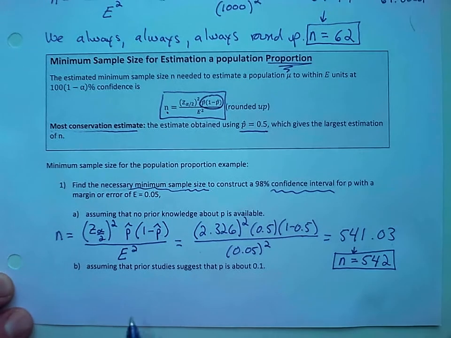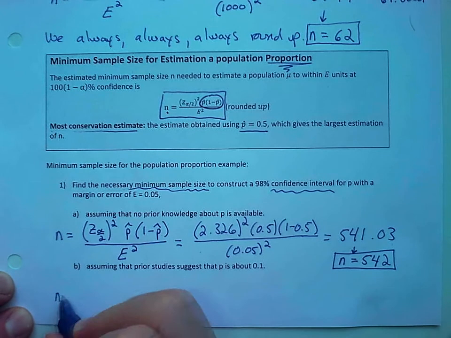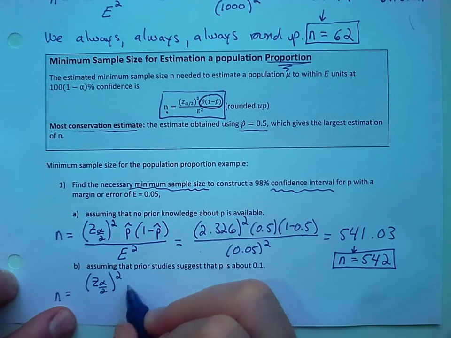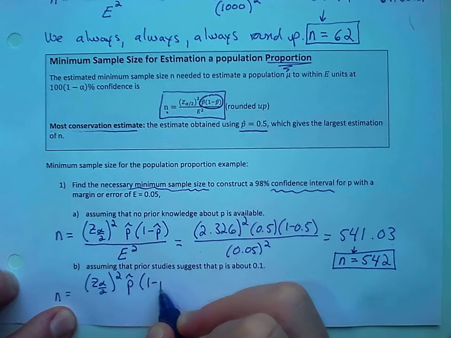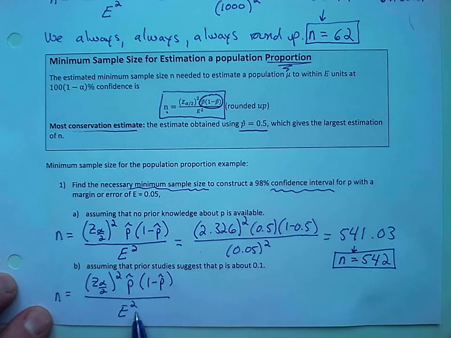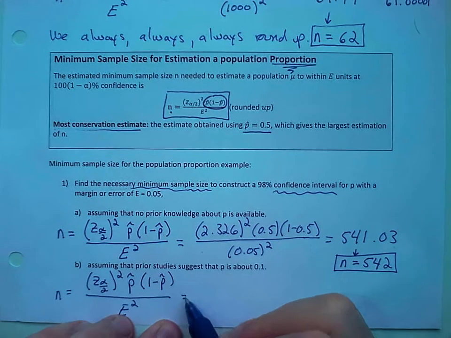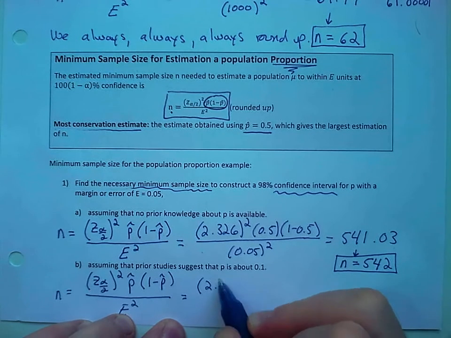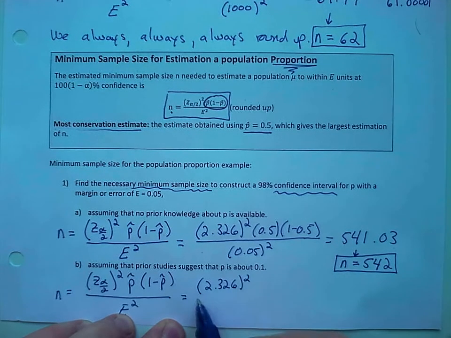Alright, let's do B. Now it's saying that we still want to do this, but now we're assuming that a prior study suggests that p is about 0.1. Since we're still trying to calculate the minimum sample size needed to estimate the population proportion, we're still going to start off with this formula. We still have the same confidence level, so we're still going to use 2.326.